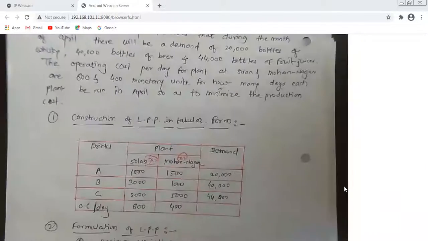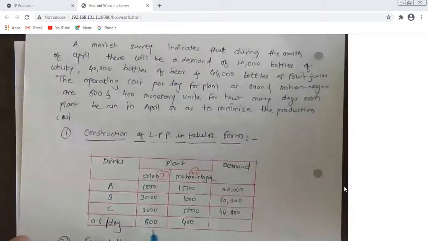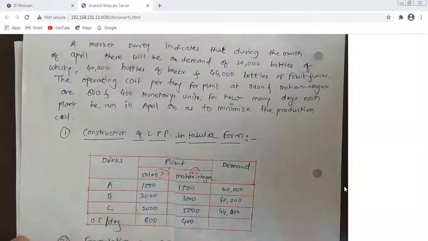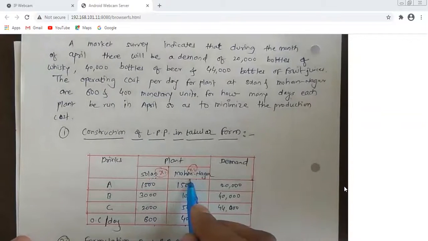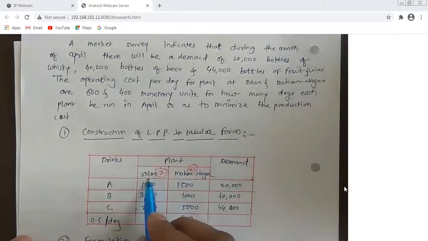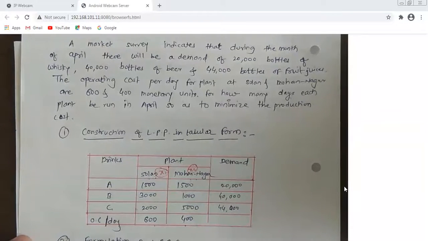What have they given? See, operating cost per day is 600 for Solan and operating cost 400 for 1 day at Mohan Nagar. Okay, but we don't know how many days the Solan plant and the Mohan Nagar plant will work.